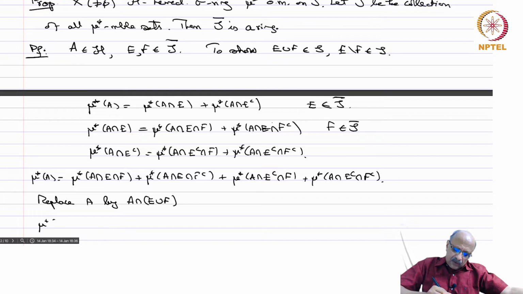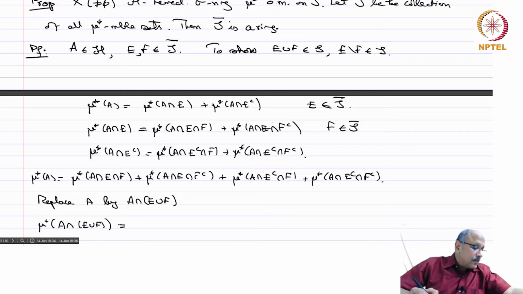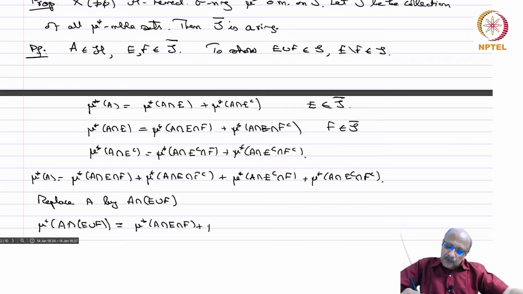So mu star of A intersection E union F equals mu star of A intersection E intersection F again, plus mu star of A intersection E intersection F complement will just come back again, then mu star of A intersection E complement intersection F complement will be empty, and mu star of the empty set is 0, so that won't come.